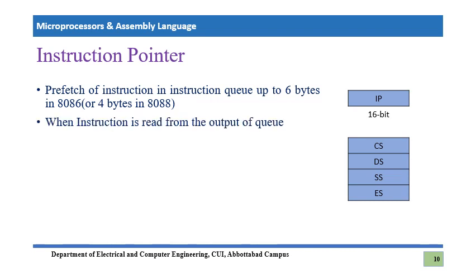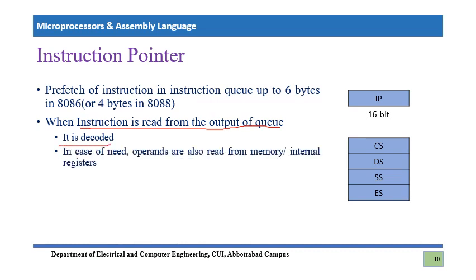Whenever an instruction is read from the output of the instruction queue, what actually happens? It is decoded. First of all, that is the very first step. It has to be decoded so that the microprocessor can understand what it is supposed to do. In the next step, operands are also read from memory or internal registers if these are needed.